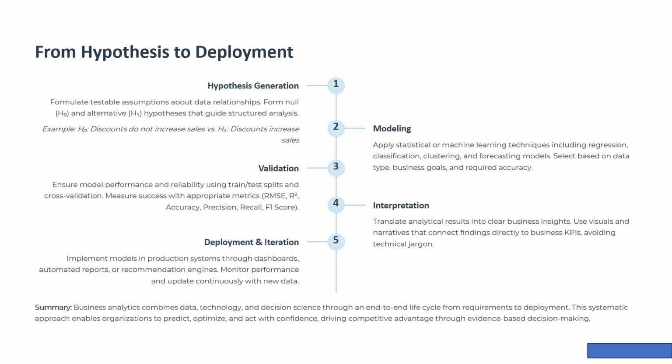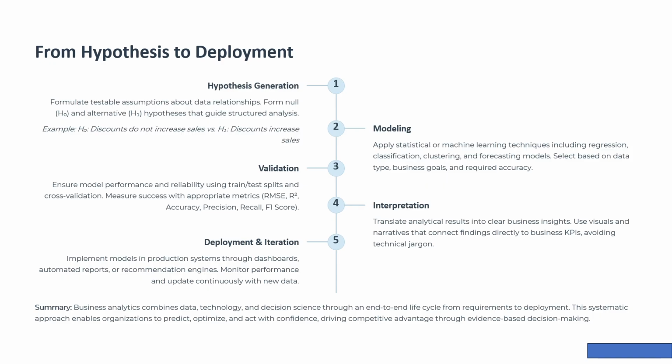From hypothesis to deployment, start with a hypothesis. For example, H0, discounts don't increase sales. H1, discounts do. Use data and testing to support or reject the hypothesis. Modeling, use the right method for the problem. Some problems require regression and other problems require classification, clustering, or forecasting.